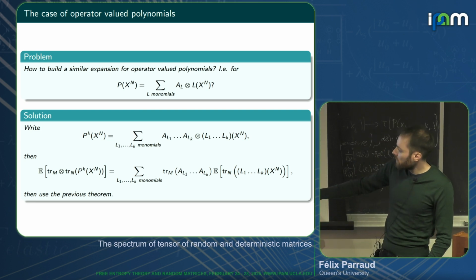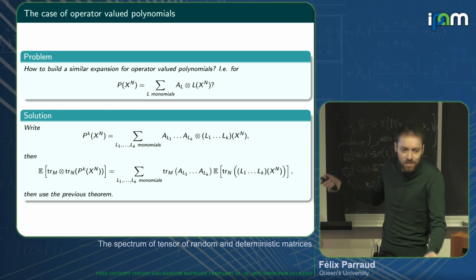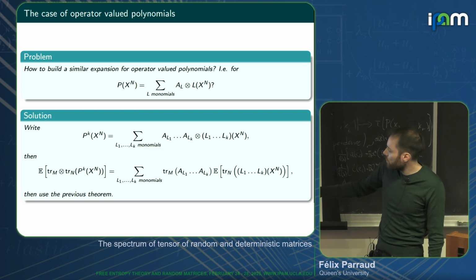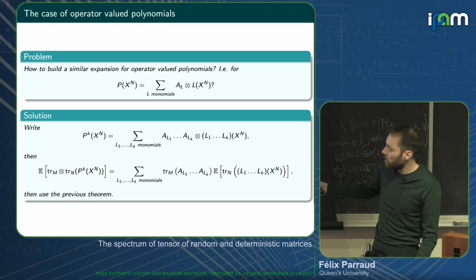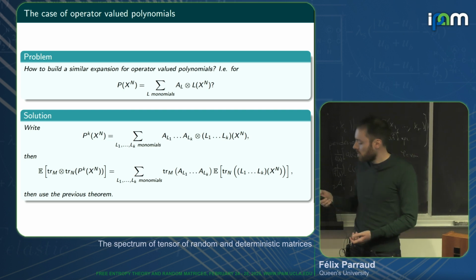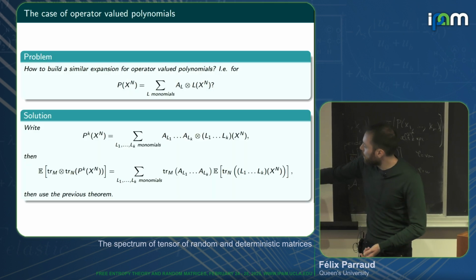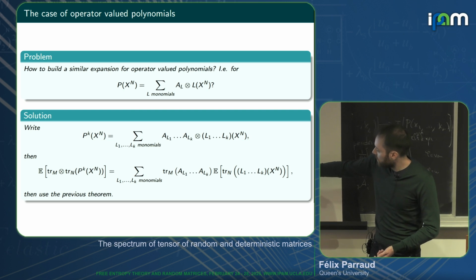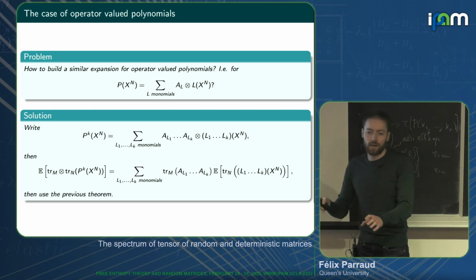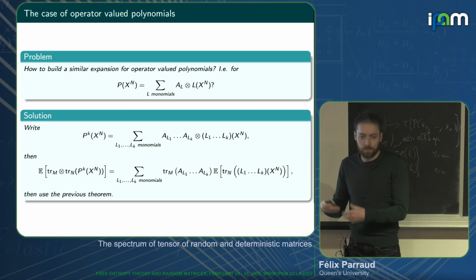When you take the expectation of this thing, you get something pretty nice, where you've got some trace of this, and an expectation of your trace. So once again, you can just use the previous theorem, say that you've got an expansion for this expectation, and just plug in, very naively, the expansion.